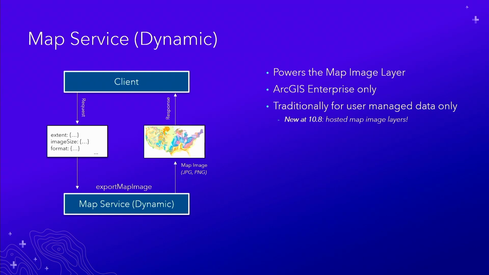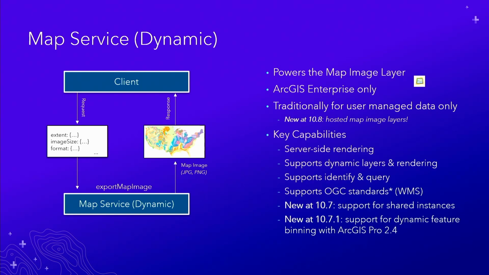There are some key capabilities of the dynamic map service to keep in mind. So this does server-side rendering, which means that it can produce lots of great symbology and rendering capabilities, even if the client doesn't have all of those capabilities. For example, if the client may not have WebGL, and you have sophisticated rendering rules, you can accomplish that by doing server-side rendering.